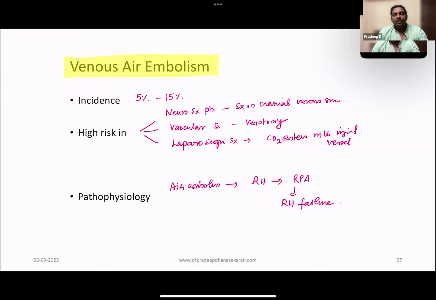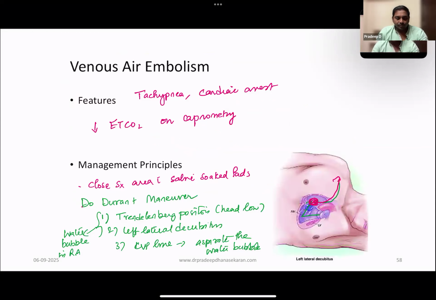And it causes severe right heart failure symptoms. So the patient will have a fall in EtCO2. Can you recollect, a rise in EtCO2 is seen in malignant hyperthermia, whereas a fall in EtCO2 is seen in venous air embolism. And during class, I have described bronchovenous air embolism. Bronchovenous air embolism affects the left heart, whereas venous air embolism affects the right heart.